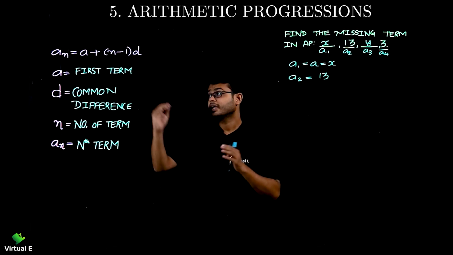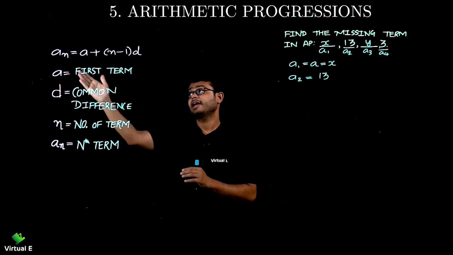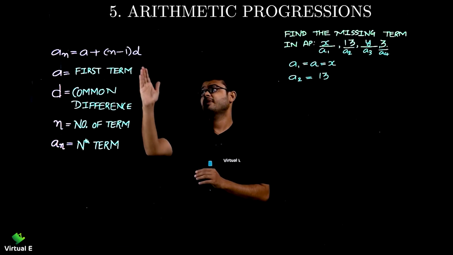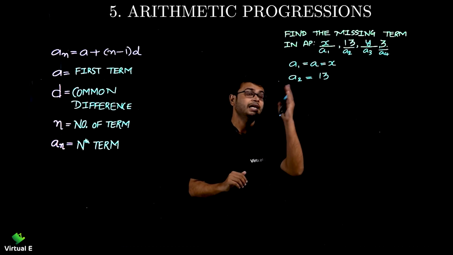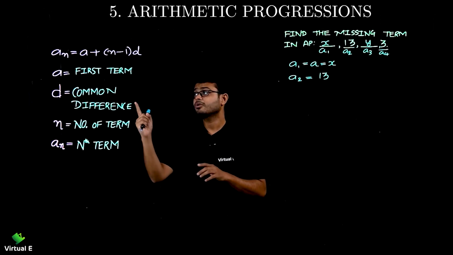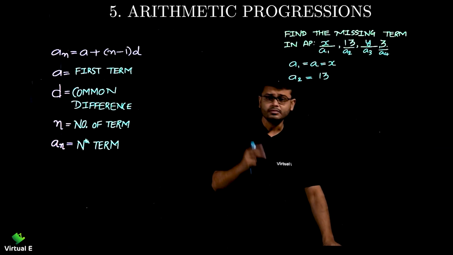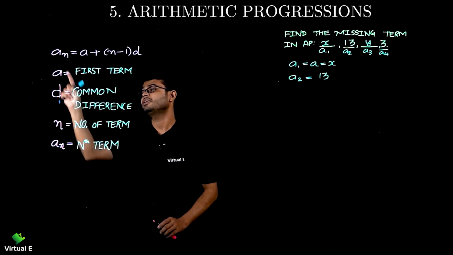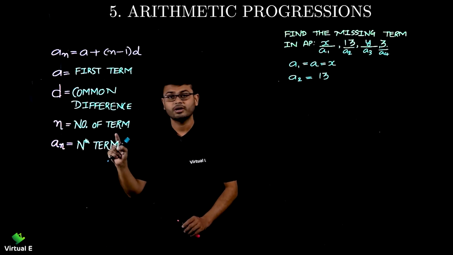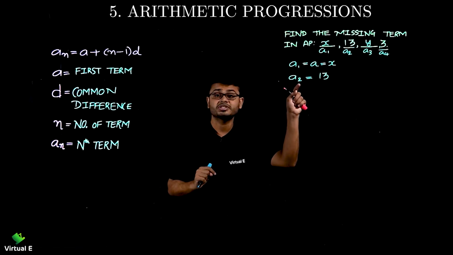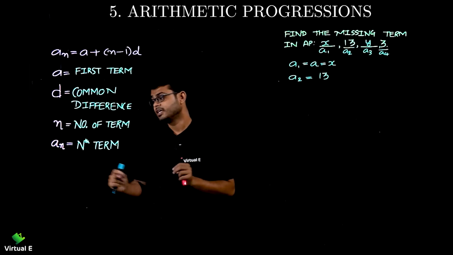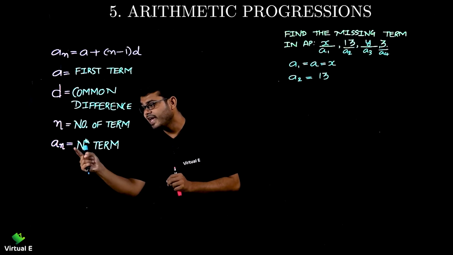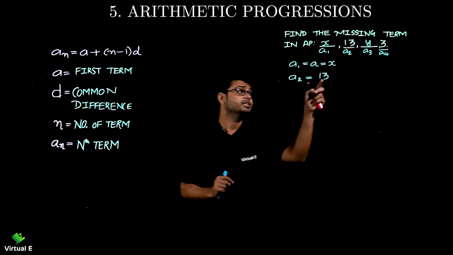Can I use the formula An is equal to A plus (n minus 1) into D for A2? If I want to use this formula, what information do I have? I have the number of the term, n. Which term is it? It is the second term. And the value of the nth term A2 is 13.